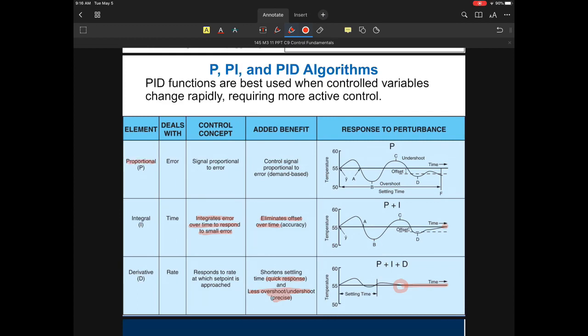So the integral error over time will respond to the small amounts of error. It has the ability to automatically change the output signal to try to minimize offset. And then, of course, with proportional control, your control signal is completely proportional to the amount of error.